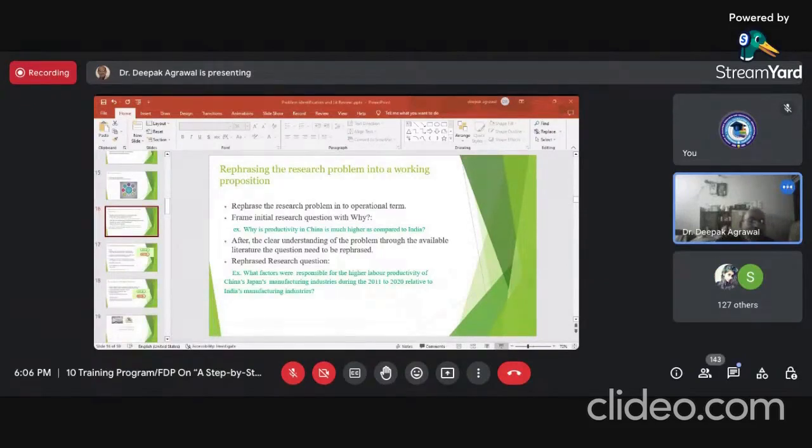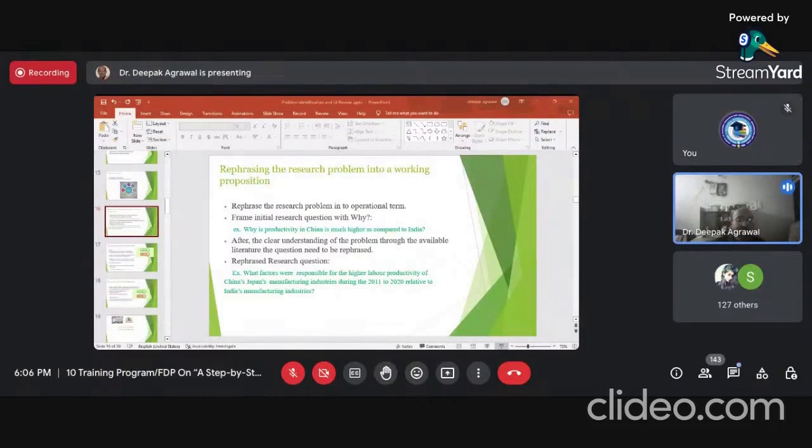Again, frame initial research questions with why. It may be one, it may be plural. Just for an example, why is the productivity in China much higher as compared to India? But once we are very clear with this problem, we need to rephrase.